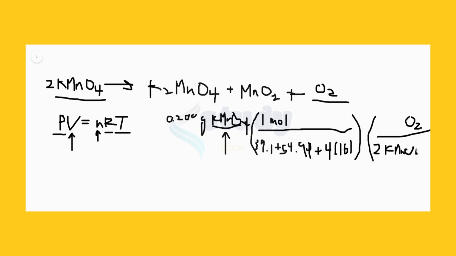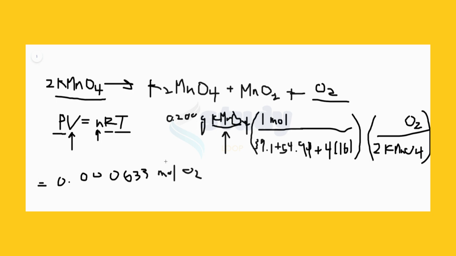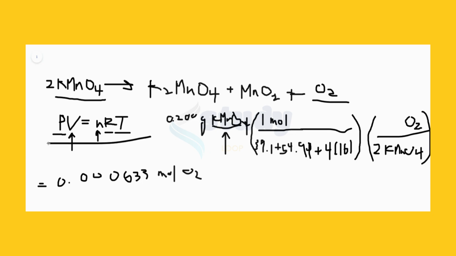So you do this, and now you have moles of oxygen, which equals 0.00063 moles of oxygen. Now you have your moles, you can plug in all your values into the ideal gas law to find the volume.